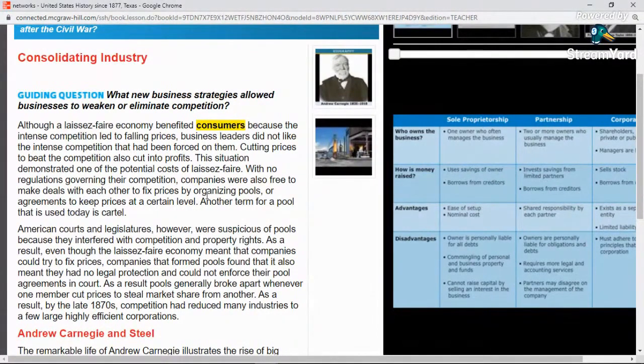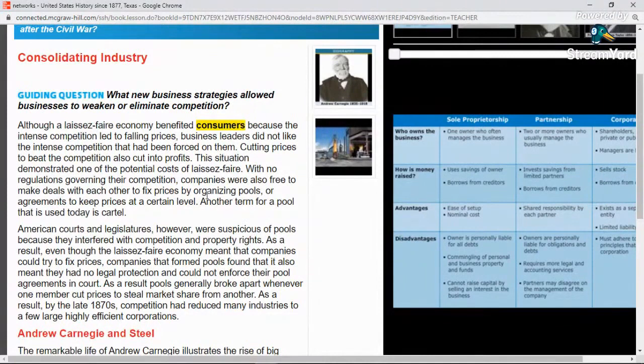So cutting prices to beat competition also cut into profits, right? Because if I'm selling you my brigadeiro for 8 reais, I'm making 2 reais less than when it was 10 reais. So I don't like that. Okay.